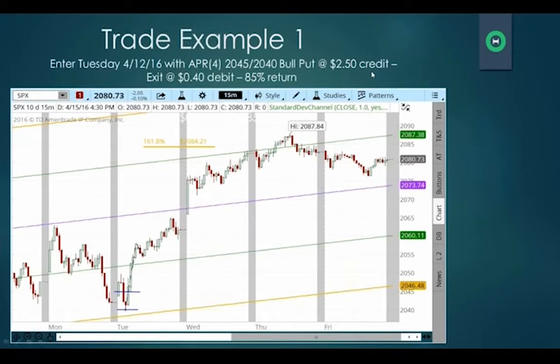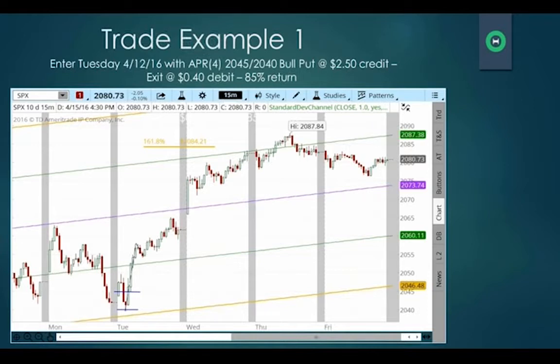And that's kind of nice because we use the 5-point spread here, from 2045 to 2040. So the max you can lose there is $5 minus the credit. This is a 1-to-1 trade. The risk and reward is 1-to-1.